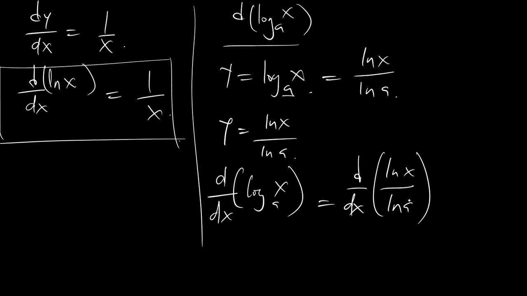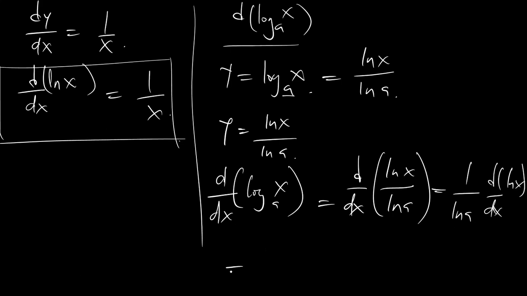Since this ln a is a constant, we can bring it out, to be 1 over ln a times the derivative of ln x with respect to x.